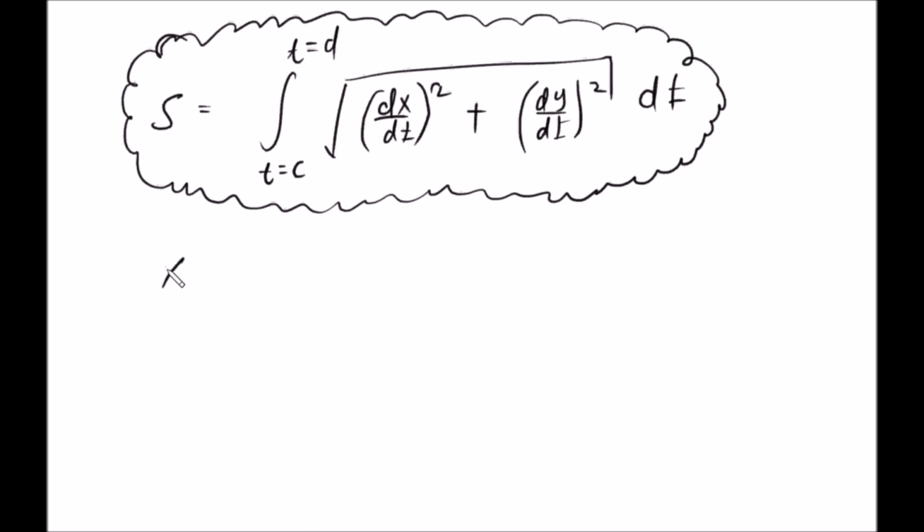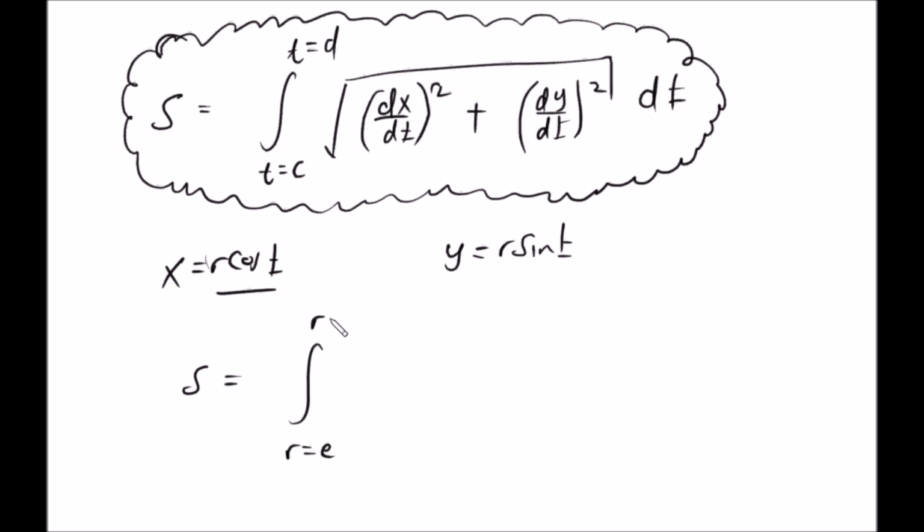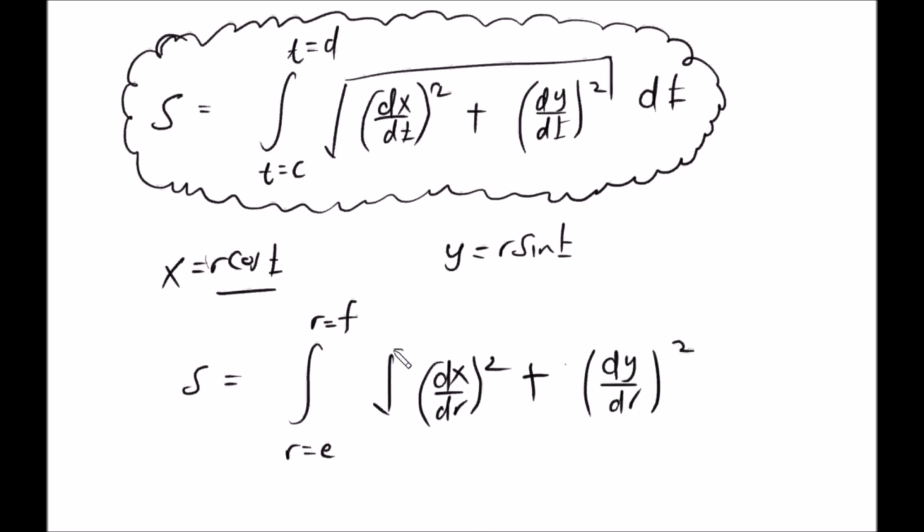Lakini kumbuka x ilikuwa ni sasa na r cos t, si ndio? Na y ilikuwa sasa na r sin t. So sisi tumefanya length of an arc in terms of t, lakini pia unaweza kufanya length of an arc in terms of r. Kwa hiyo s ingekuwa ni from r equals to e mpaka r equals to f, the square root of dx dr squared jumlisha dy dr squared with respect to r.